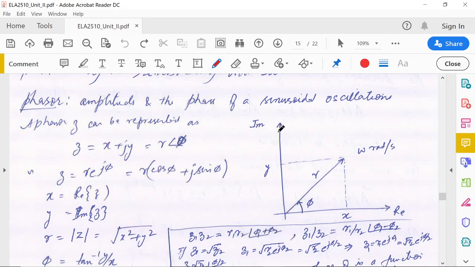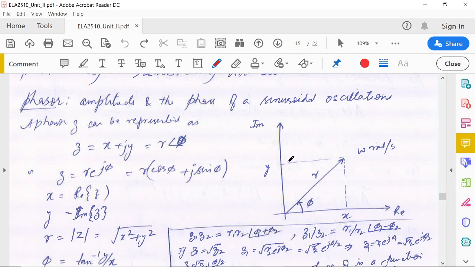If you have a real line and an imaginary line, and a complex number represented at this point, you can identify this number either by its real and imaginary components. You should know these two values to identify this complex number, or if you know the magnitude of this complex number and the phase, then you can also recognize the location of z.